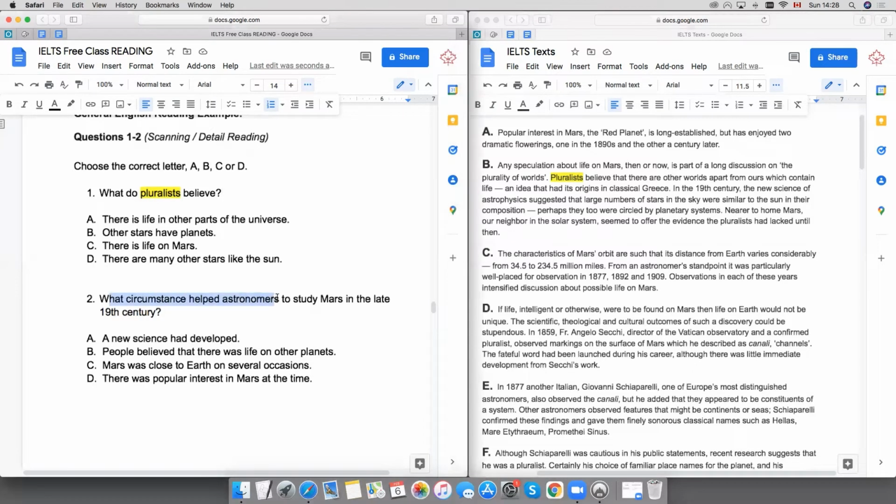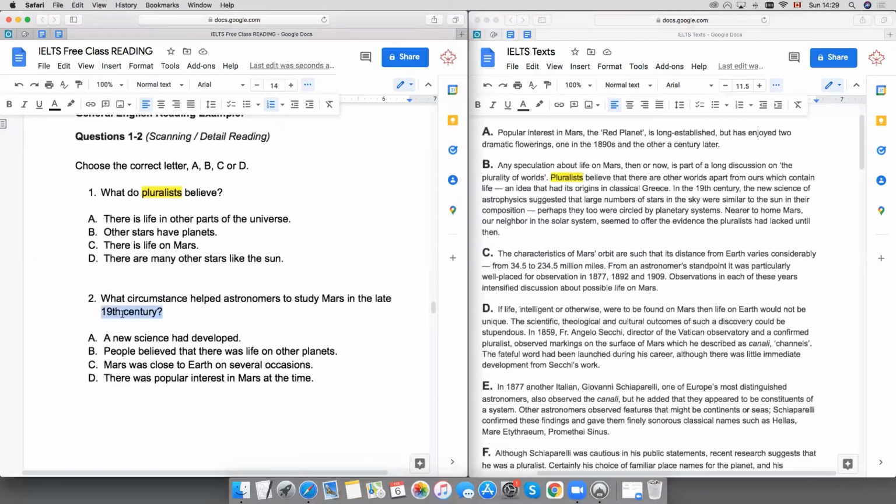What circumstances helped astronomers to study Mars in the late 19th century? As a general tip, anytime that you're given numbers, that's a great place to use. It's a great keyword, or a key number in that case, to use to find your idea because it's a number against a whole bunch of letters. If I'm looking for 19th century, I see it immediately just because it's a number, right?